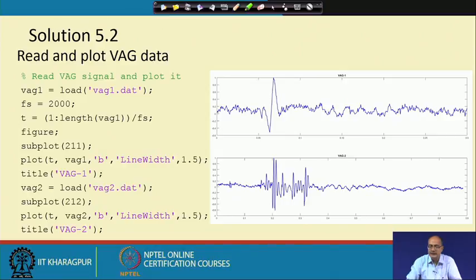Now, what we notice, the two signals, they are of the same duration. No, not exactly, they are not of the same duration, duration is different, and also they look actually much different. The first one the duration is small, second one the duration is big, and it looks like more kinks are there in the second one. Okay.